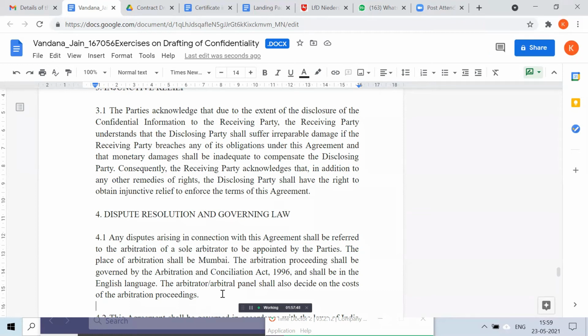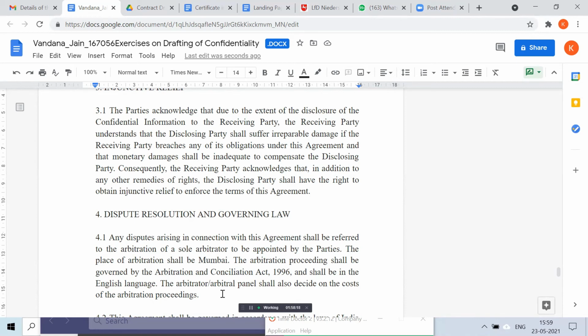For example, if we are the receiving party, then how can we negotiate on that? If you are the receiving party on the damages aspect. So the two parties in the NDA are the disclosing party and the receiving party. If we are the receiving party and we have to limit our liabilities in the agreement, how can we negotiate on the clause?